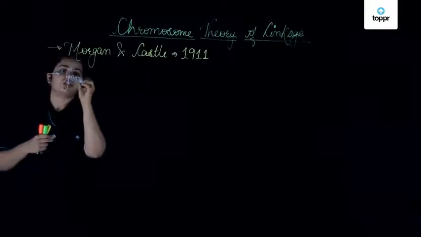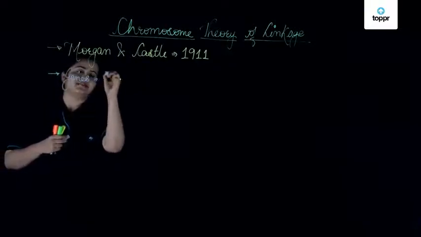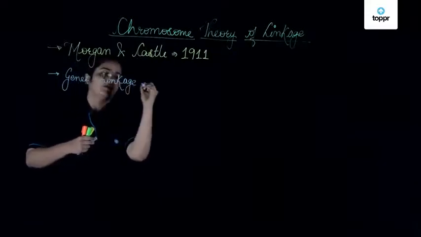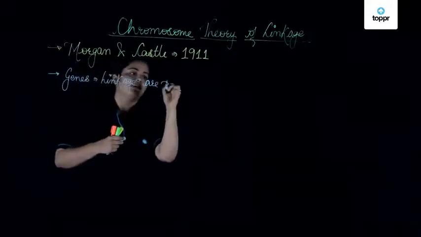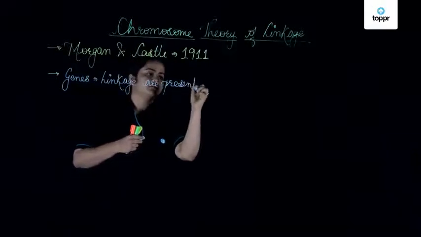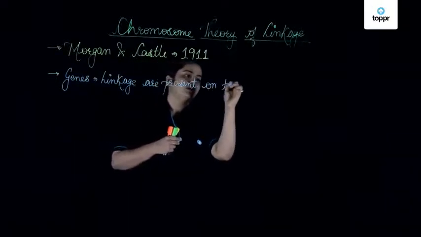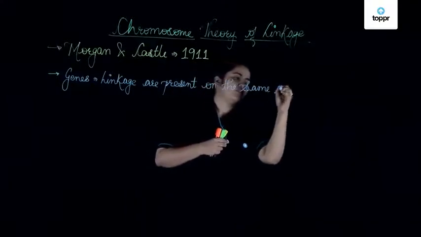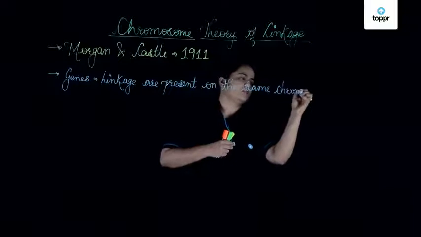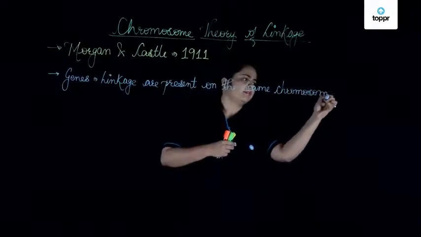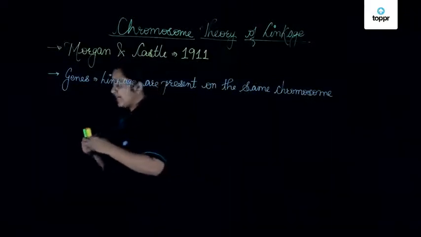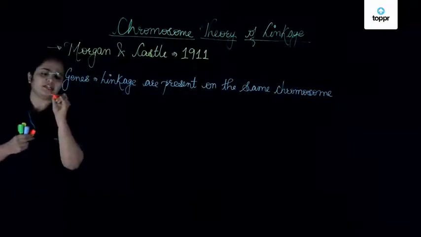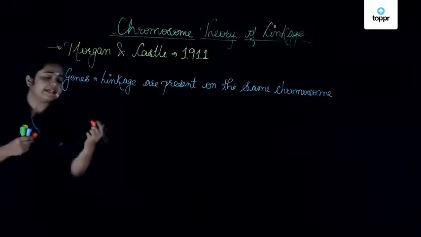That means genes which exhibit linkage are present on the same chromosome. After this, they also hypothesized that these genes are always in a linear sequence.